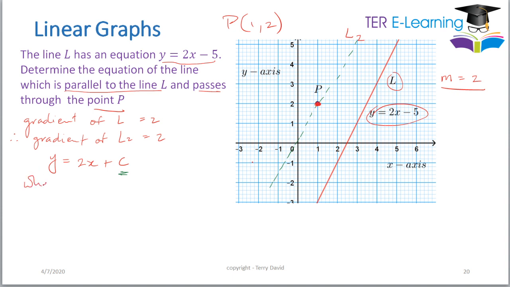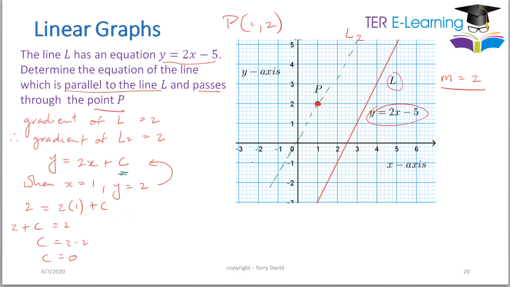So when x equal 1, y is equal to 2, right? I'm going to take that information and substitute it into this equation. So therefore 2 is equal to 2 multiplied by 1 plus c, right? So this is really equal to 2 plus c is equal to 2, and therefore c is equal to 2 minus 2, therefore c is equal to 0.